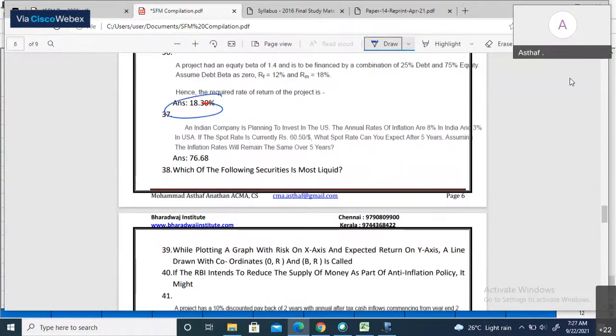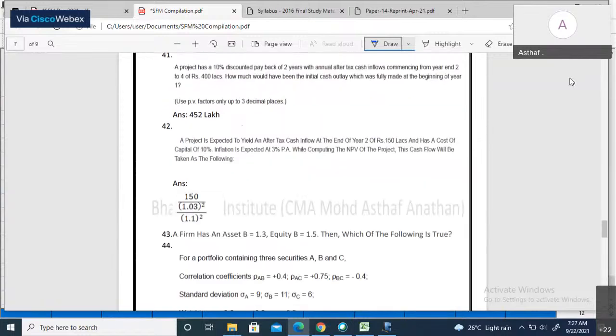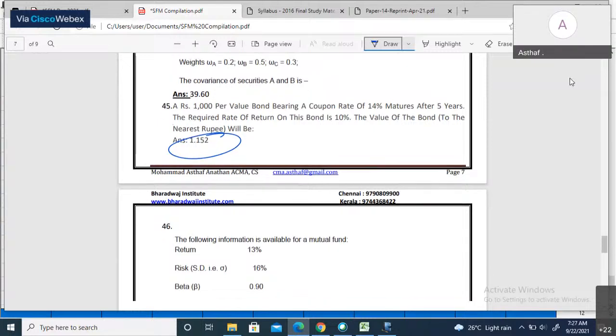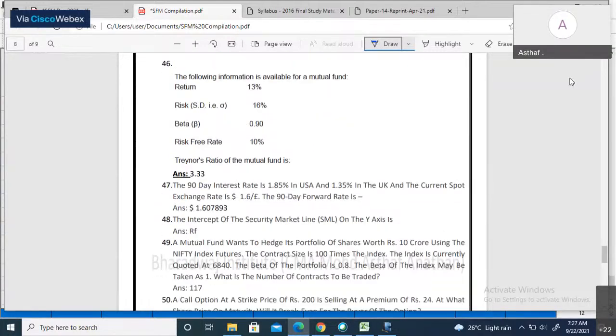The whole problem set is coming from all the chapters, most of the areas we have discussed today. Here: 90-day interest rate, spot rate, forward rate, interest parity.